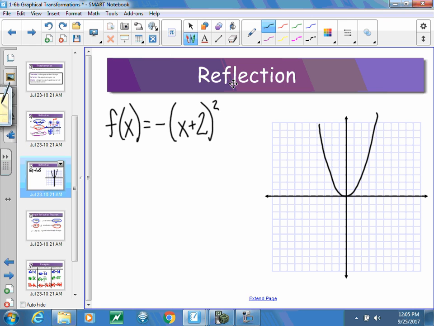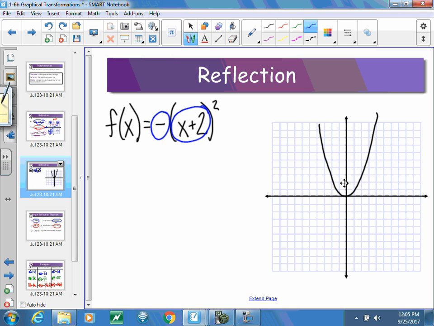We'll just start here. What's happening here is that two things are happening. You've got a translation, where we're shifting the graph, as well as a reflection. This x plus 2 right here is dealing with the inside change, and the negative is dealing with the outside change.